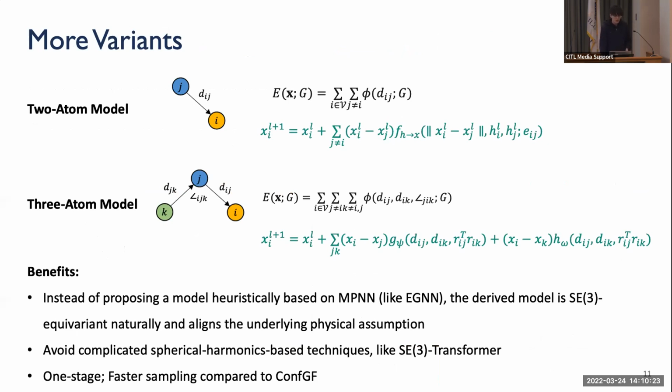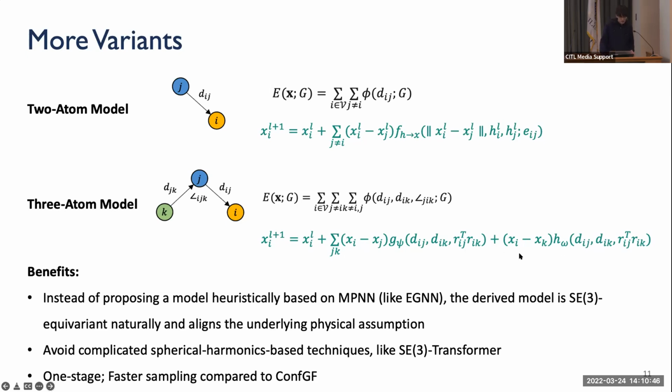For example, if we also assume that the molecular energy corresponds to the bond angles, we can write down the 3-atom model as this. And following the same way, taking the gradient of this energy function, we can achieve an update formulation of the neural network.